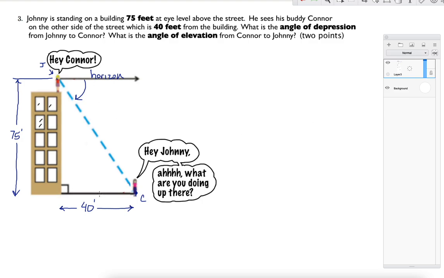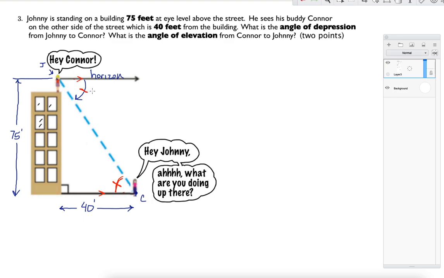Here's another horizontal down here. All horizontal lines are parallel to each other. So therefore, this angle here must be congruent to this angle here because of alternate interior angles. Okay, so if we find this angle, which is inside this triangle, then it's the same as this one.